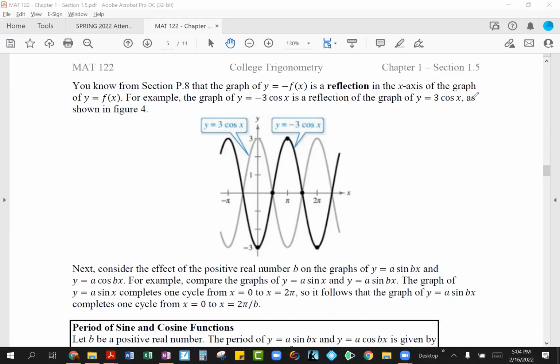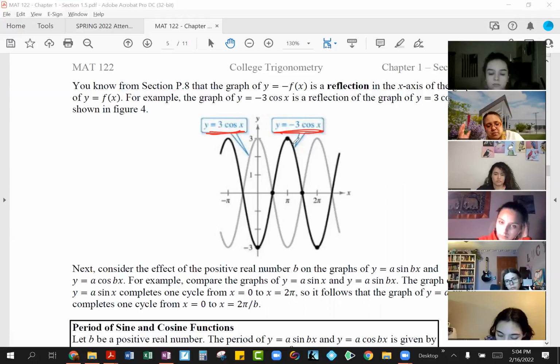The graph in the gray is our positive function, and the graph in the black is your negative function. So that's the reflection. So what happens with reflection, guys? If you don't remember this from college algebra, you are creating a reflection in terms of the x-axis.